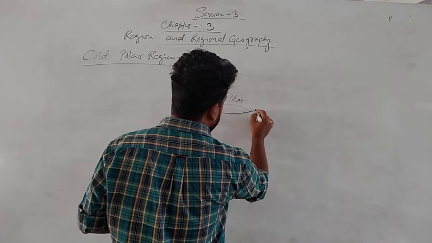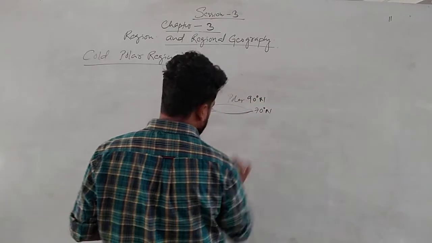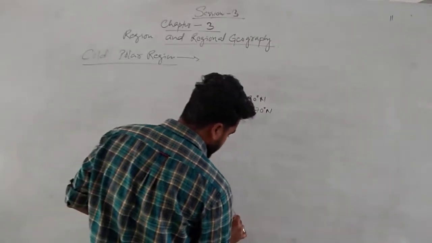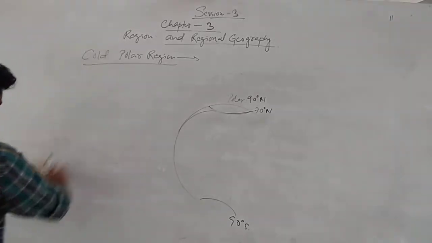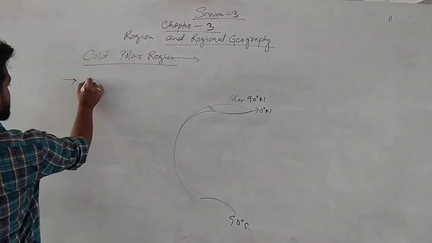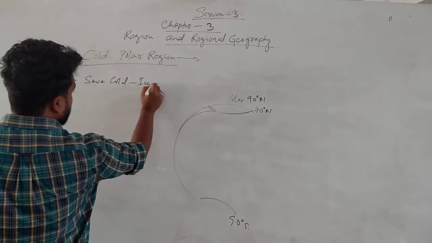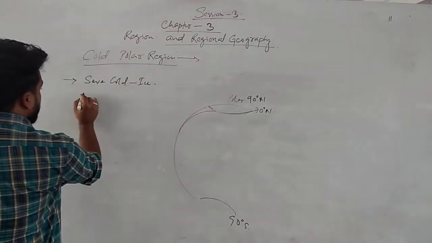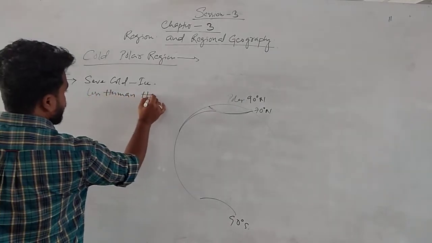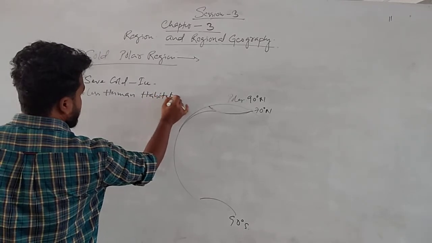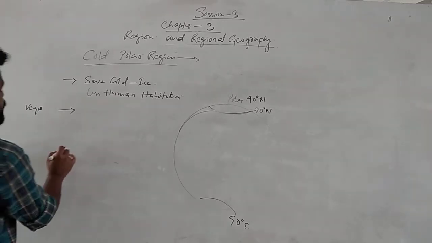Generally we find it from 70-degree north latitude to 90-degree north latitude, and in the southern hemisphere it is the same, up to 90-degree south latitude. Okay, so in a cold polar region, due to the dominance of severe cold, the whole year is ice covered, so there is very little human habitation. And vegetation is also sparse.